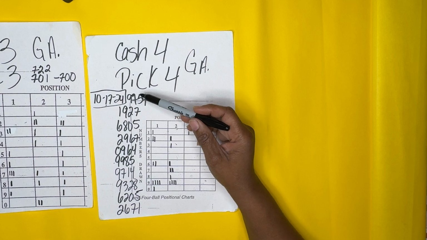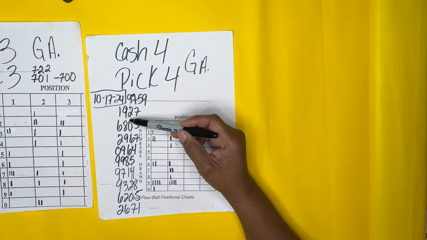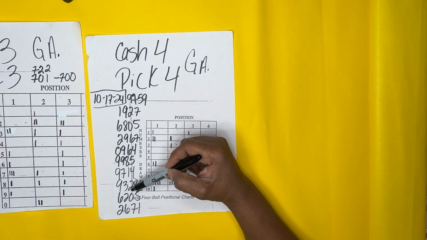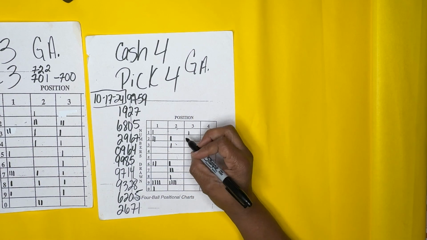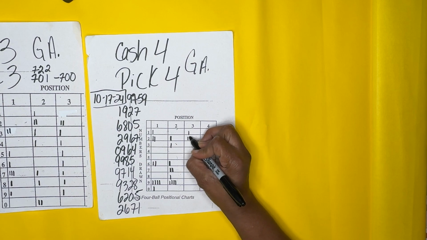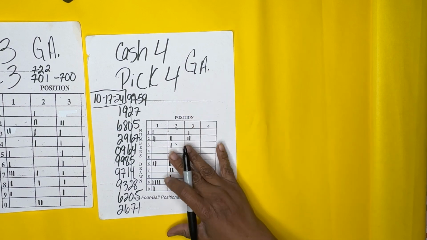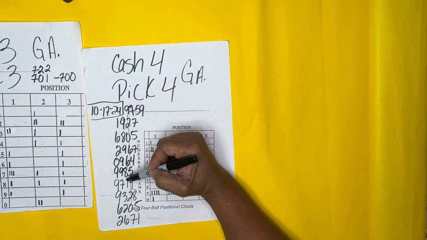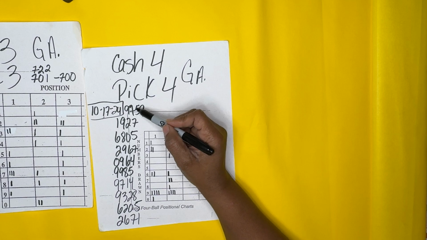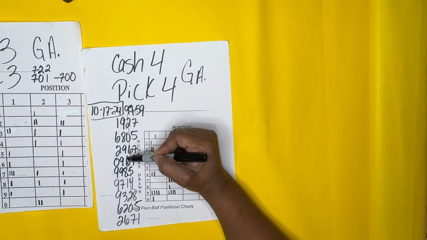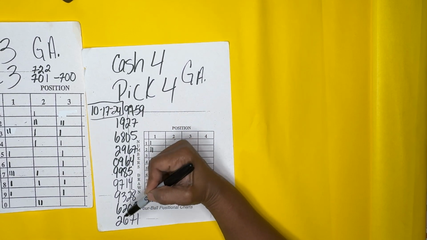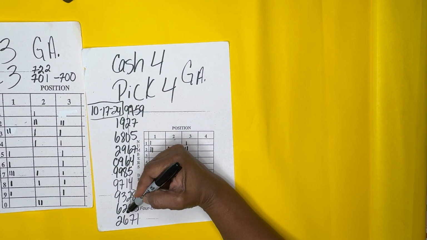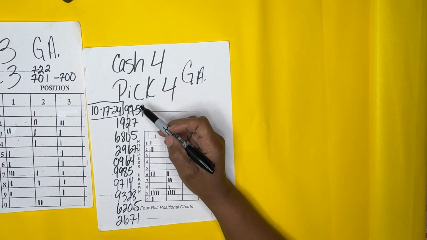Any 2 in the third position. 1, 2. Any 3s. None. Any 4s. Any 5s. Got 1. Any 6.